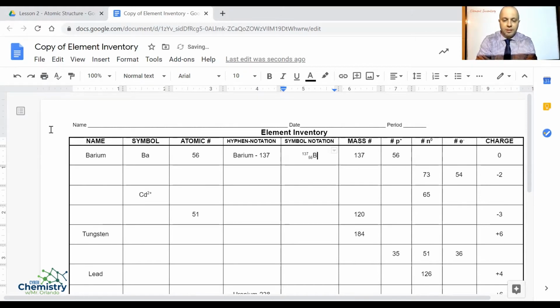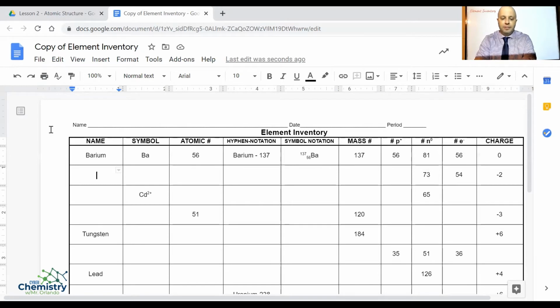So I can type in Ba and it will be normal size. The next part, we have to fill in the number of neutrons. In this case, the number of neutrons was 81. And because our charge is 0, the number of electrons is 56 as well. Let's go on and look at our second example.